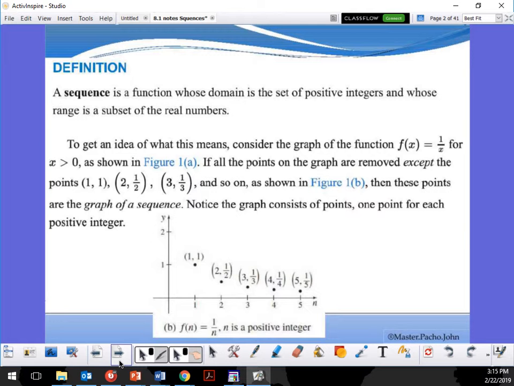Then when I plug in 2, it's 1 over 2, because I'm plugging in for the x. And 3, 1 over 3, 1 over 4, 1 over 5. You notice it keeps going. So my domain is my positive integers. I'm starting here and going this way, and the range would be a subset of that.